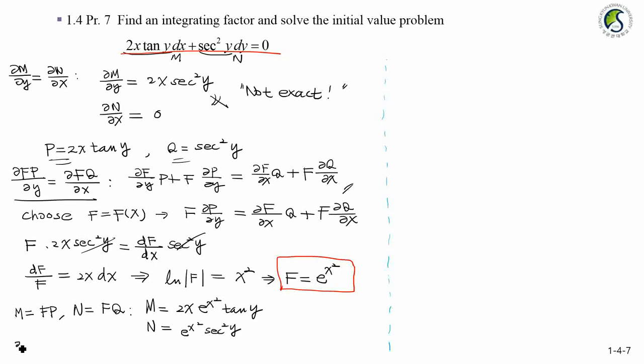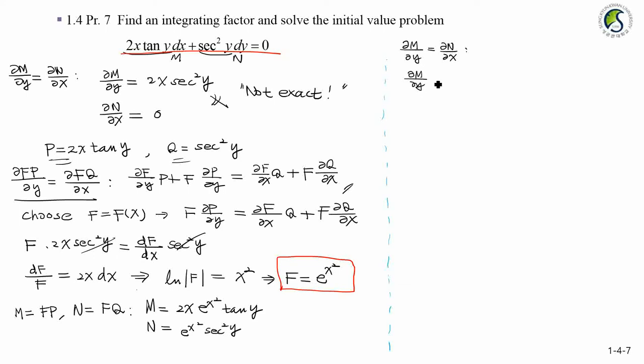Okay, let's move on to this space here. So dM over dy has to be dN over dx.